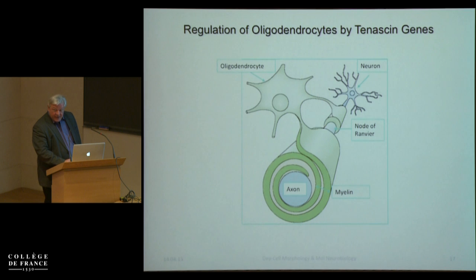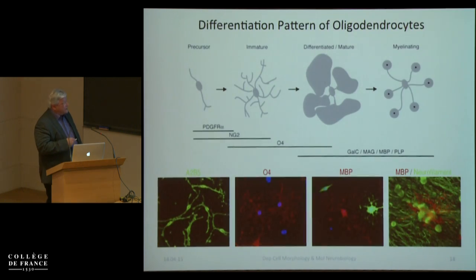It's possible to study the oligodendrocyte precursors using in vitro culture systems where the different differentiation stages of oligodendrocyte precursors to myelinating cells can nicely be reproduced and identified thanks to specific markers such as the PDGF receptor and NG2 for early stages, O4 for immature oligodendrocytes, and myelin basic protein for mature oligodendrocytes that under adequate conditions will even start to myelinate axons in vitro.